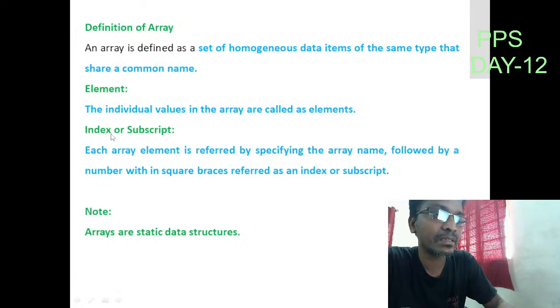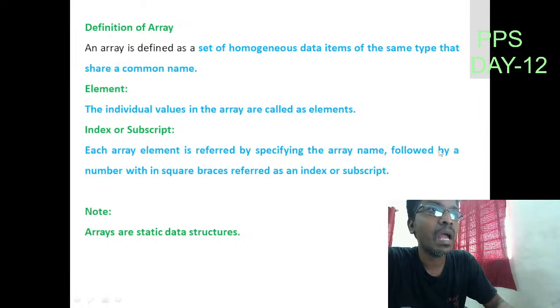Now coming to index: what is an index, or subscript? Each array element is referred to by specifying the array name. If you want to access or refer to each element in an array, you need to specify the array name.